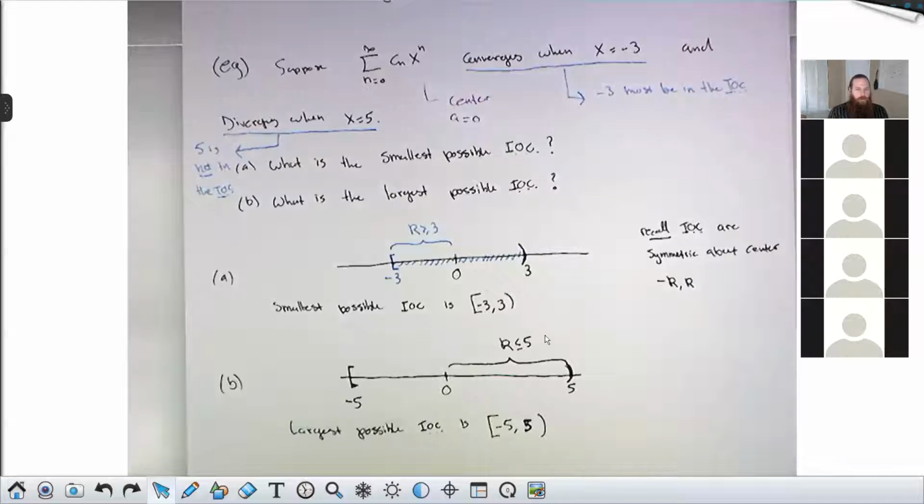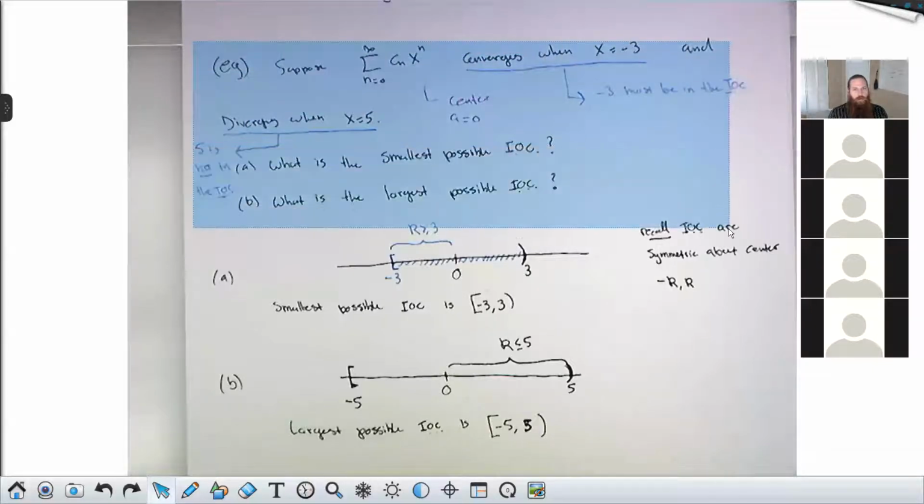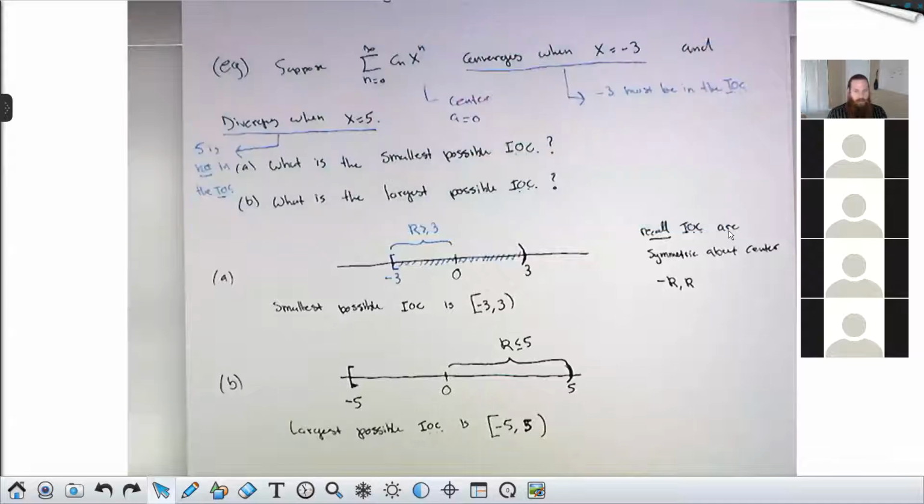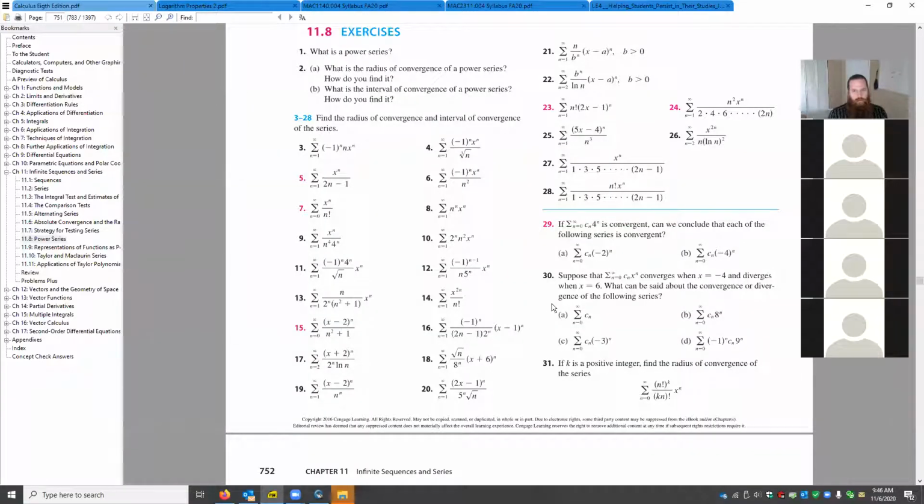Okay, so now let's return to the types of questions that the book asks after giving this setup. The book gives you a setup exactly like this, and so does one of your homeworks. But then instead of asking these questions, they ask questions like this: what can be said of the convergence of the following series?